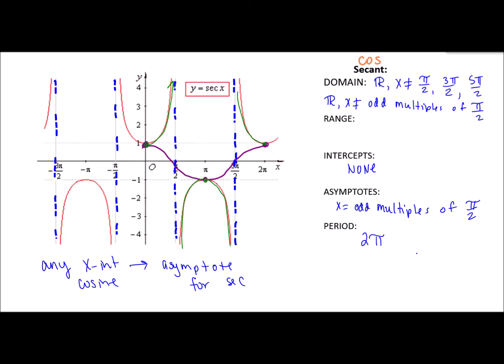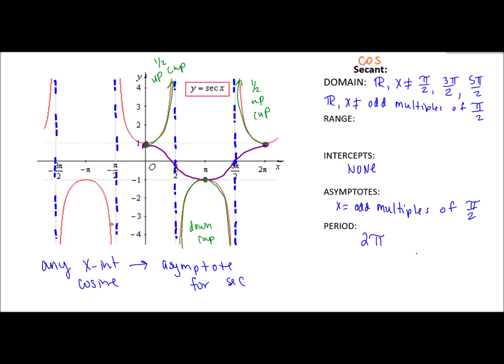Now, if you'll notice for cosine, it's a little bit weird because this is an up cup, but it's only half of an up cup. The other half of your up cup happens over here. And then down here, you have a full down cup. Now, those are the words that I use to describe them. If you go out more cycles, you'll get a full cup over here on this left side, negative, and so on.